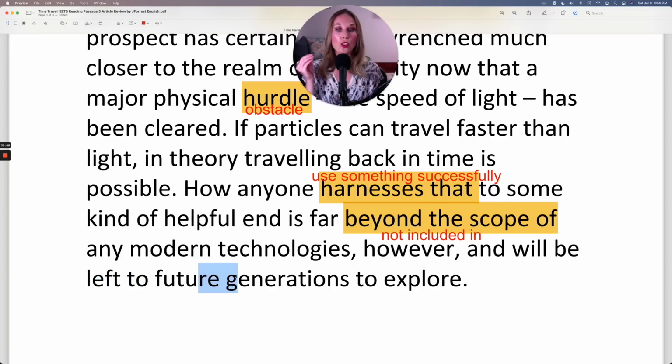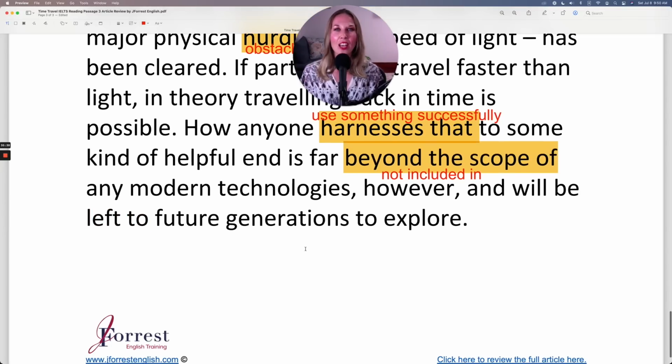So the future generations now have the responsibility to take the information from this article, the fact that these neutrinos can travel faster than the speed of light, and try to harness that, try to turn it into something tangible that we can use and benefit from. So that's not our responsibility. We're going to leave that to future generations to explore. So that's the end of the article.